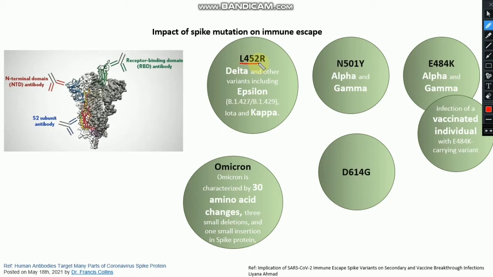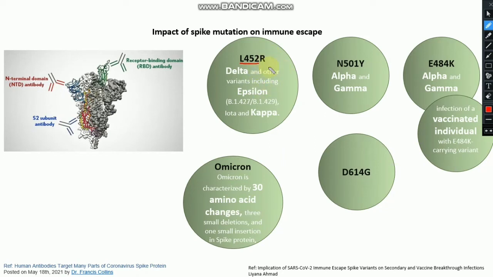Here as you see, L452R is normally found in the delta, epsilon, and kappa variants, and it resists neutralization by monoclonal antibody and vaccines. This mutation also has greater binding affinity to the ACE2 receptor and promotes viral replication and infectivity.